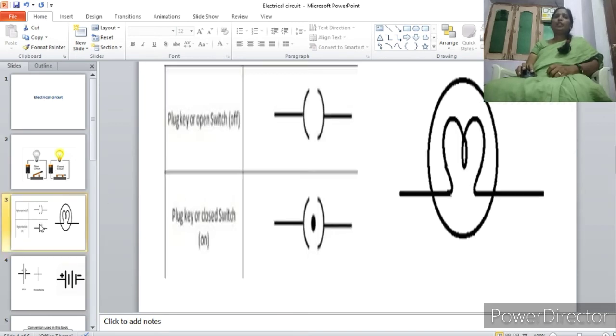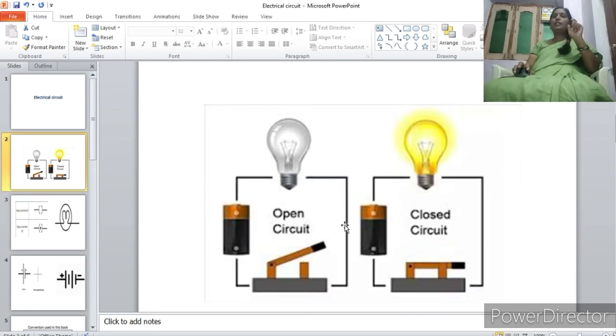And now we will see what is the symbol for a wire. Switch off. In an electric board, you know the meaning of switch off and switch on. So when you need to write about switch off in an electric circuit, you are going to show this circuit in form of symbols.